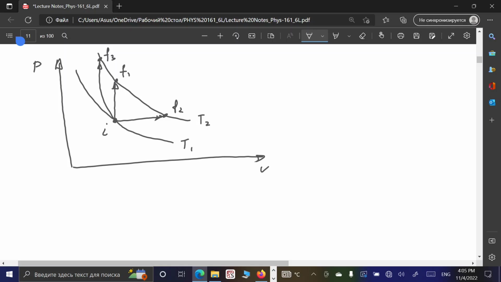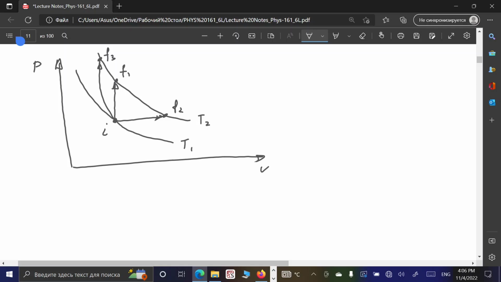That is not. Okay, that's not what you wanted to tell, because if we consider specifically the first process when volume is constant, then work is equal to 0. Work is not done. And work, as we defined earlier, will be negative integral from initial to final volume of P times dV.